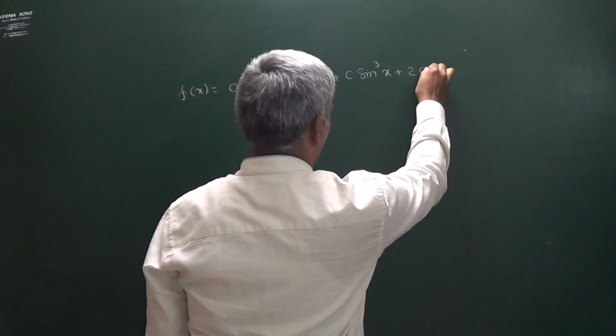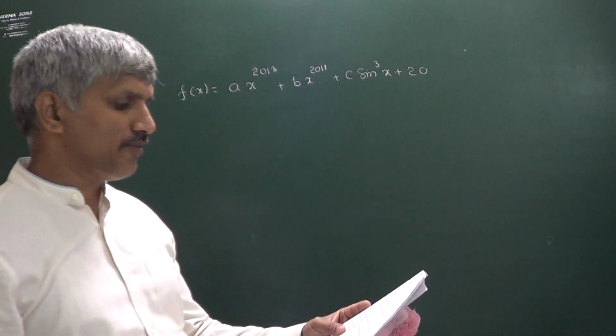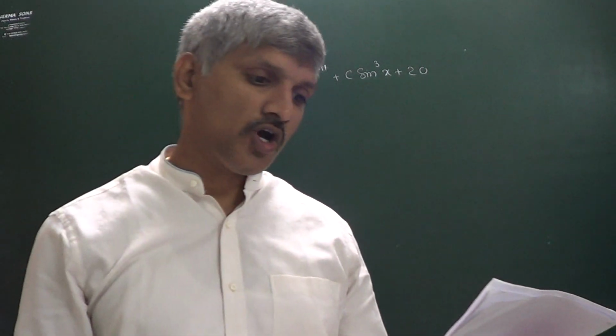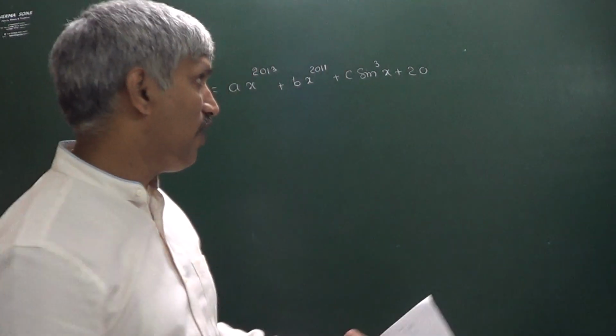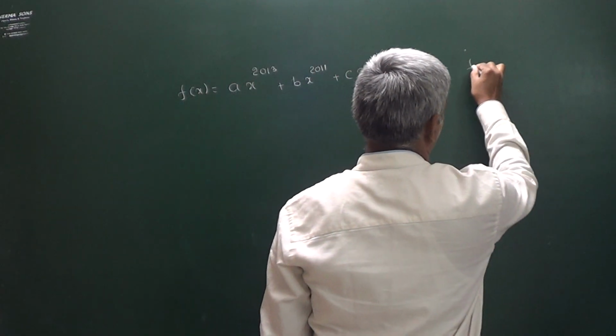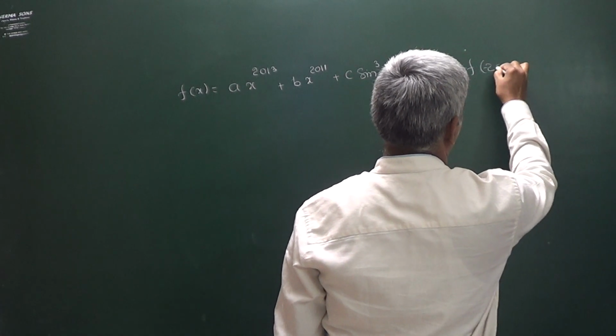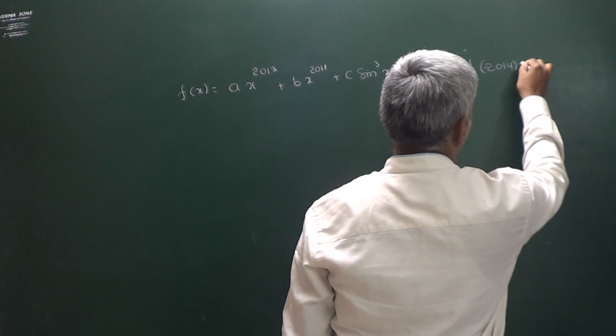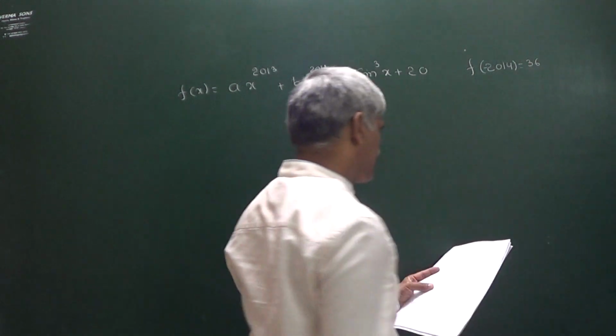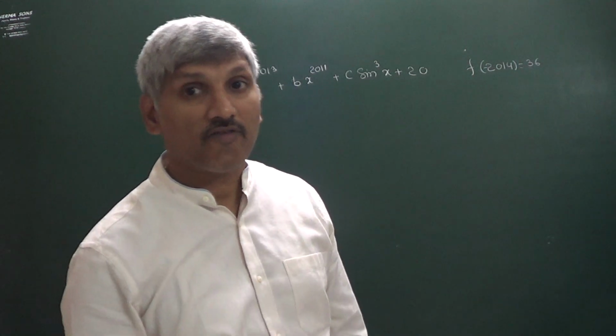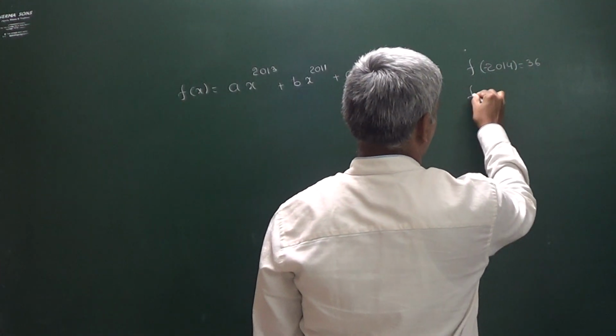That is the function f of x. And it is also saying that a, b, c are non-zero constants. F of minus 2014 is given as 36. Then he is asking what is the value of f of 2014.